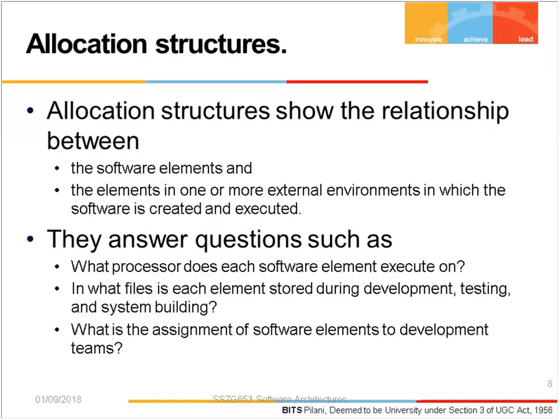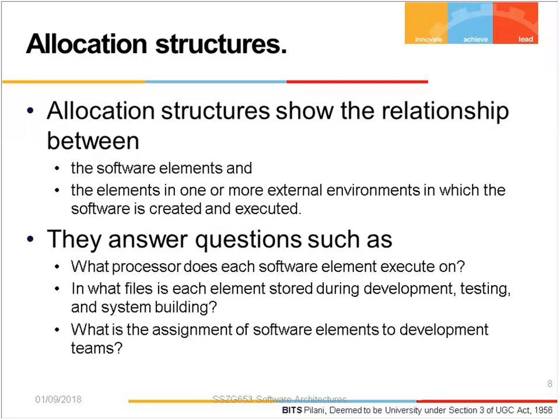Then we come to allocation structure. Allocation structure talks about the relationship between software elements and the relationship of the elements with the environment. Here you do get involved with hardware, and you'll find that some of the exercises given to you in the course handout have a lot to do with hardware.